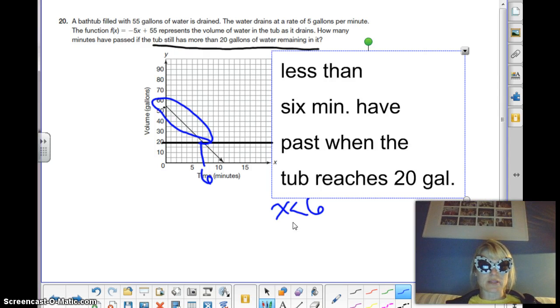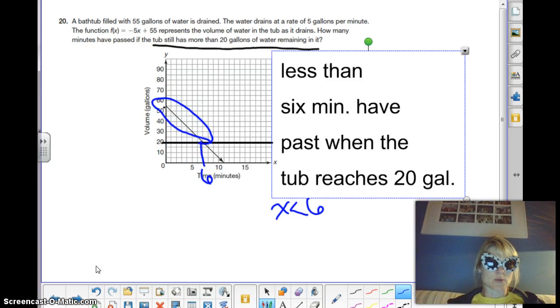I don't want to put the equals to here because it doesn't say when it has 20 or more, it just says more than 20. So it's not actually at the 6, it's below the 6. So when we're talking about times that would work, you could say 5 minutes, you could say 5.9 minutes, you could say 3 minutes. All of those times that have passed are when there is above 20 gallons of water in the tub.